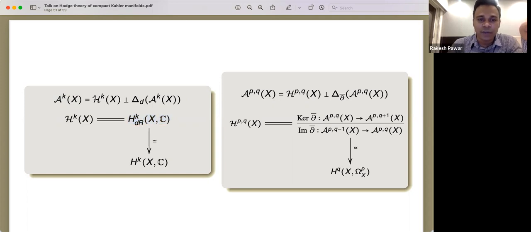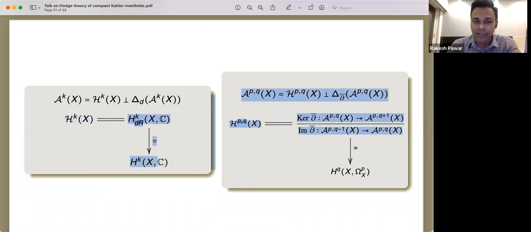You can identify this using this formula with the k harmonic forms, because the rest will be in the boundary, coming from the image of the previous differential operator. So every cohomology class here has a unique representative as a k harmonic form, and we identified this vertical arrow as singular cohomology. So what we have done is identify singular cohomology with C coefficients with k harmonic forms.